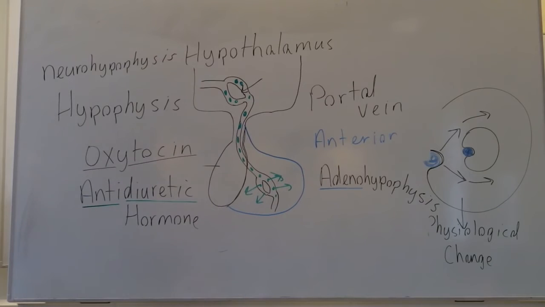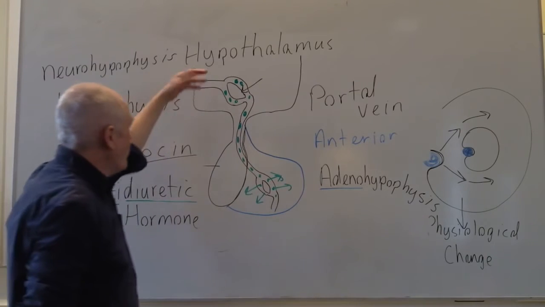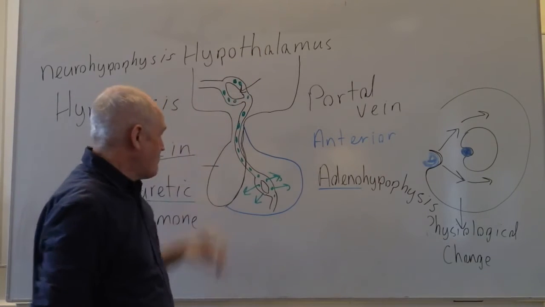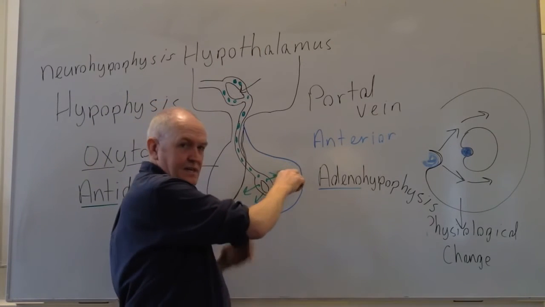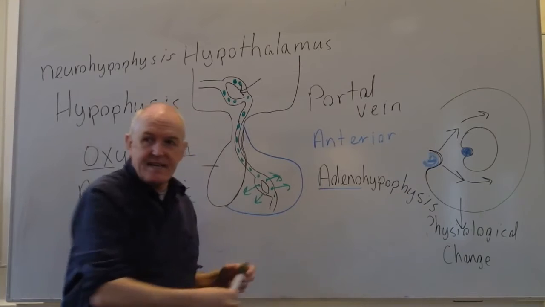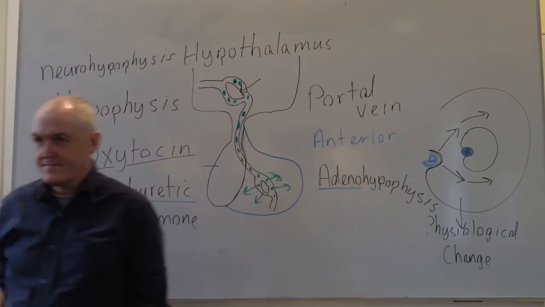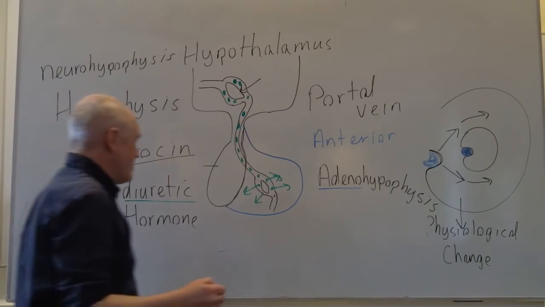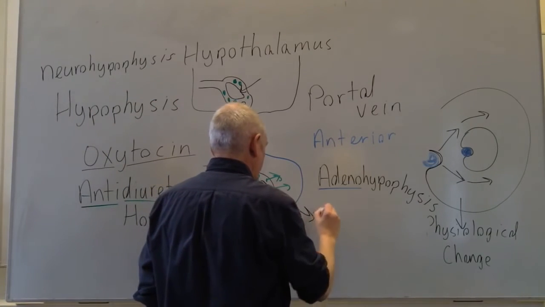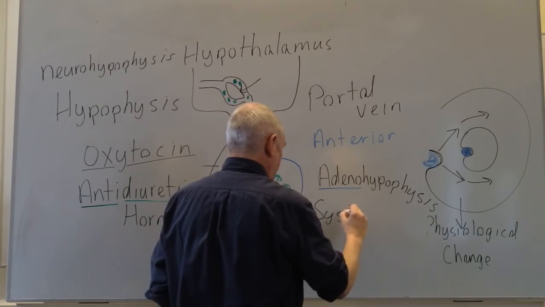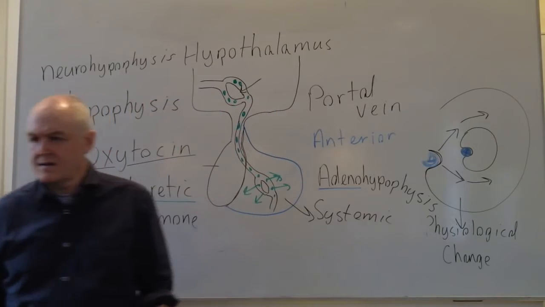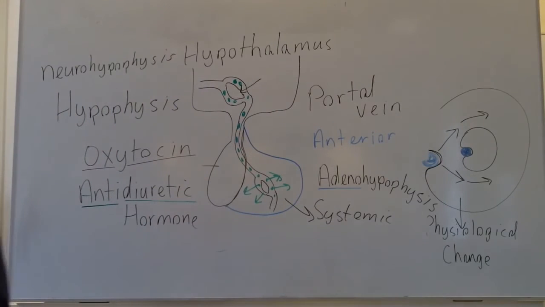And it's only when these releasing hormones from the hypothalamus arrive in the pituitary gland that the pituitary gland releases its hormones. And the hormones from the pituitary gland are released directly into the blood.